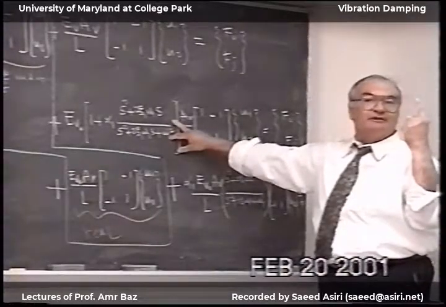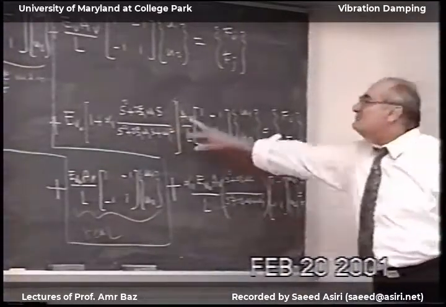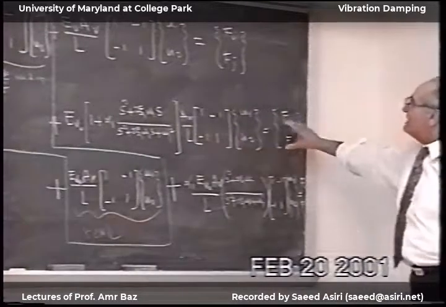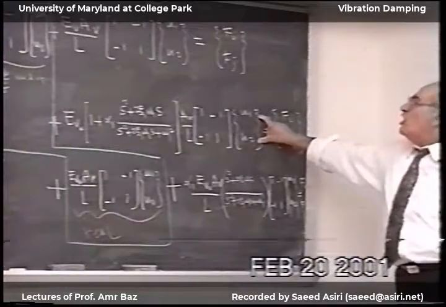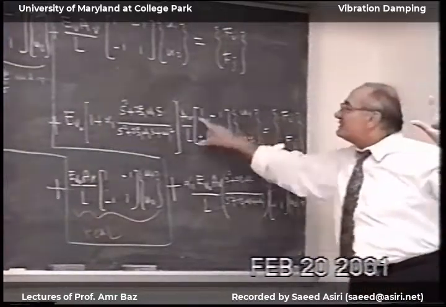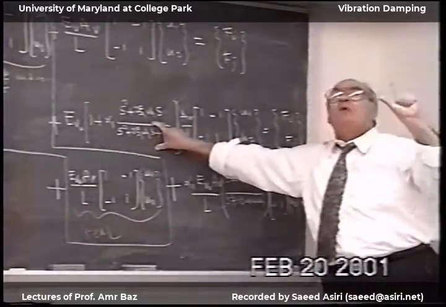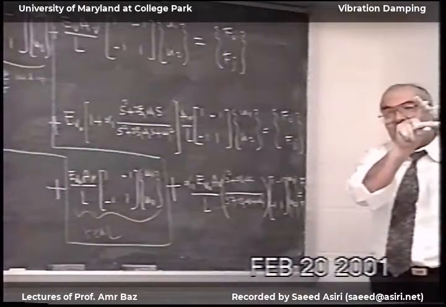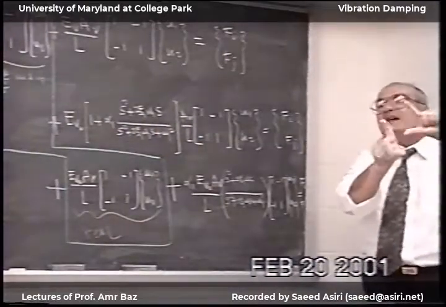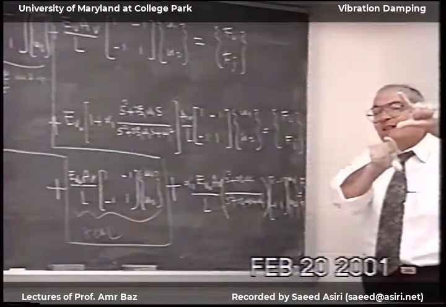For one mini oscillator, my structure has 2 degrees of freedom, U1 and U2. When I operate with this on this, I will end up with Z1 and Z2. So my mini oscillator now has 2 degrees of freedom.